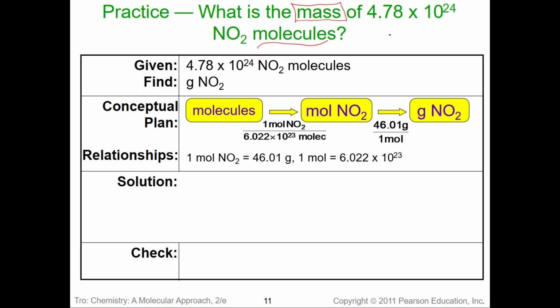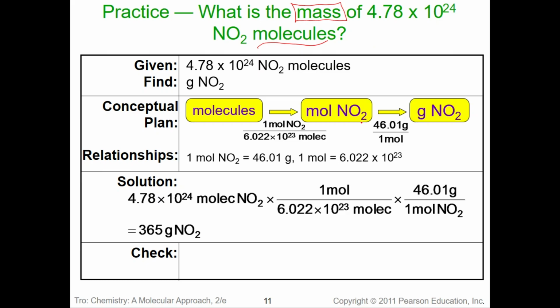Then times with molar mass, because this is from mole to mass. You divide with Avogadro and get the unit in mole, and then from mole you times molar mass and get the unit in mass. The last answer you get is 365 gram NO2.